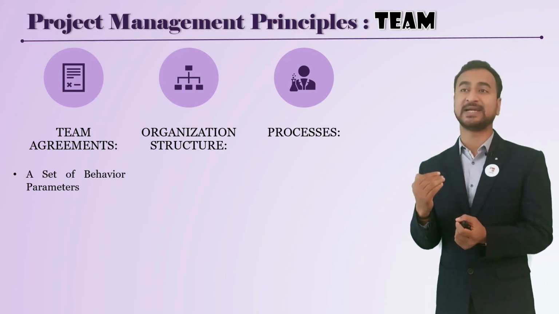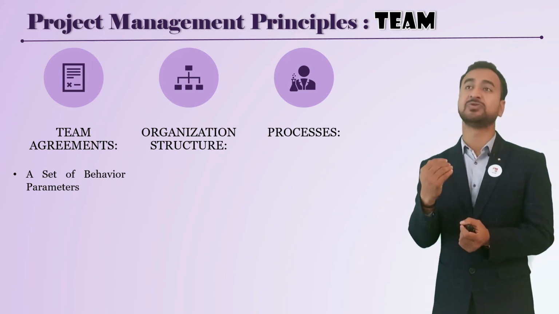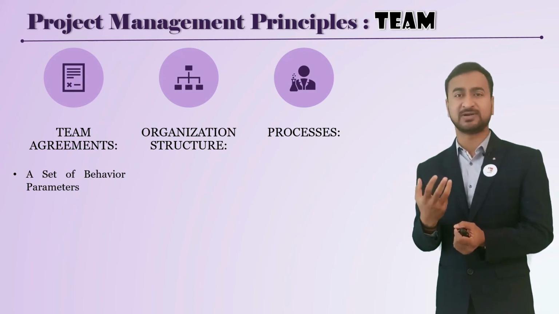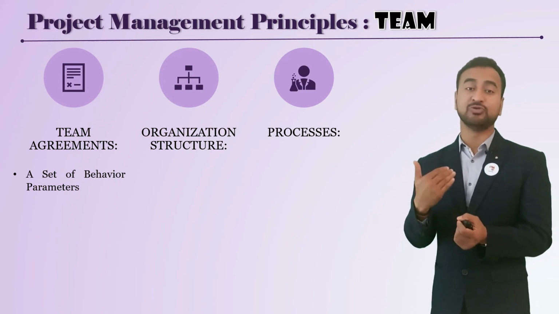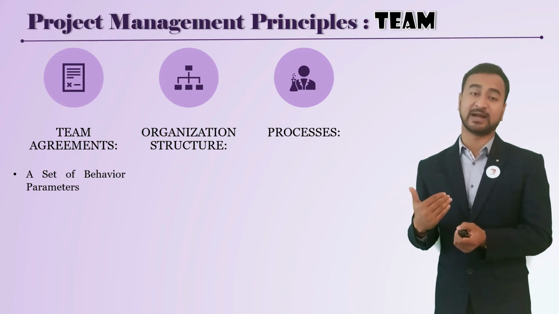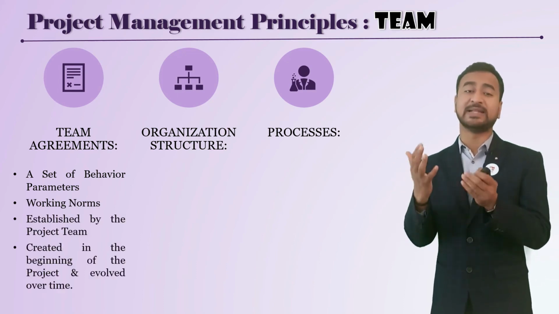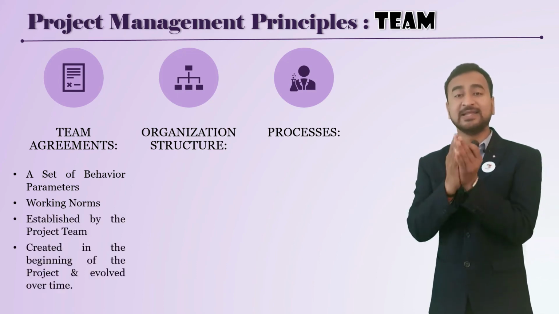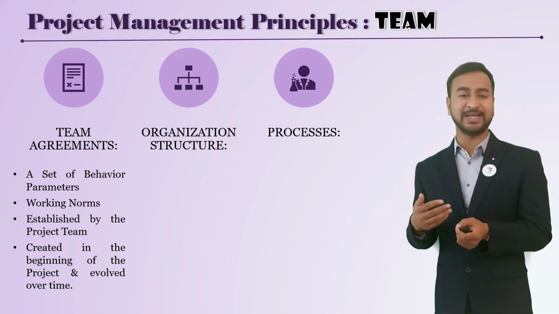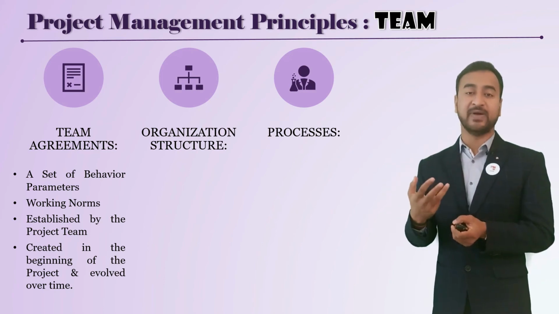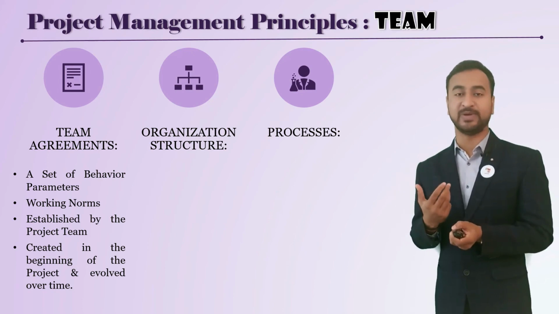So you have to set certain ground rules, that you should respect each other's value system. There are some cultural aspects that sometimes create shocks that you need to avoid by setting ground rules. These are working norms established by the project team, and these ground rules need to be set in the very beginning, and throughout the project life cycle you keep on adding those things that add value for improving your team's spirit or team capabilities.